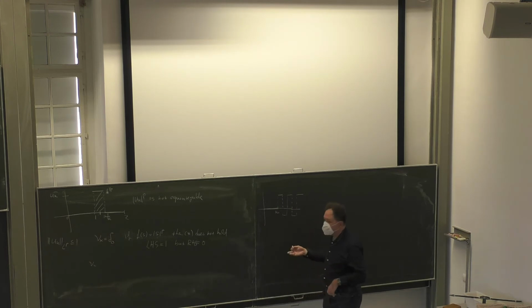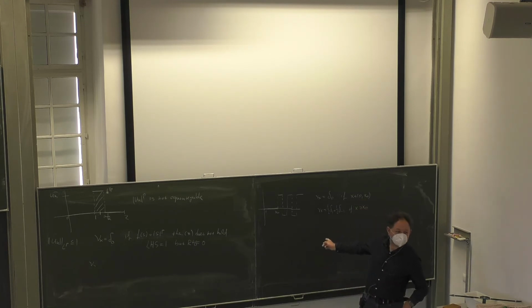Then you get a non-homogeneous measure: nu of x is Dirac at 0 if x is in (0, x0), and it will be half of the Dirac at 1 plus half of the Dirac at -1 if x is bigger than x0. So this is not homogeneous anymore.